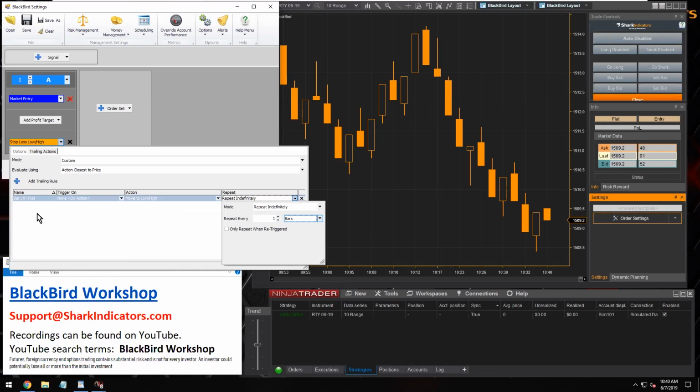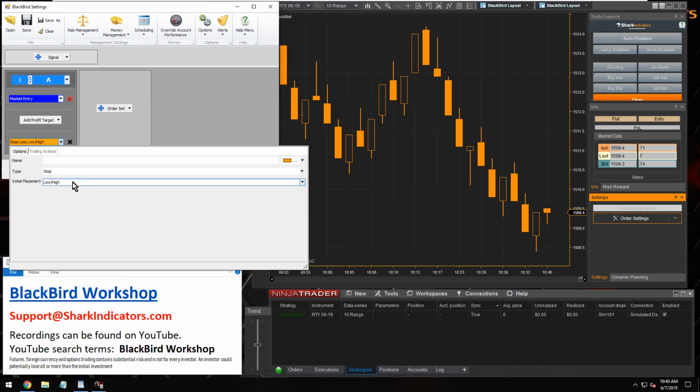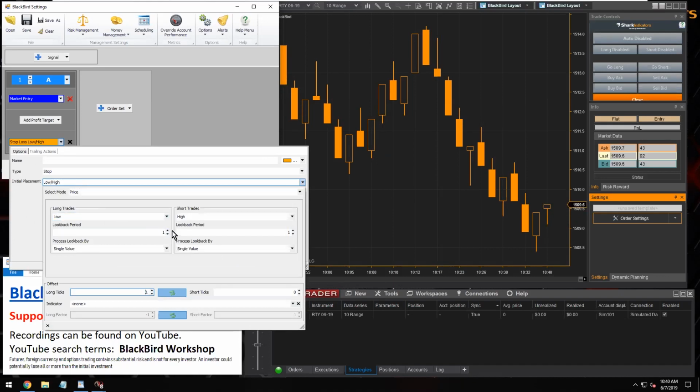Another common thing, a slight modification of using this bar high-low trailing: every once in a while I get asked, how can you set your stop loss to the lowest bar low of, say, the last 3 bars? That's what this look back period does.